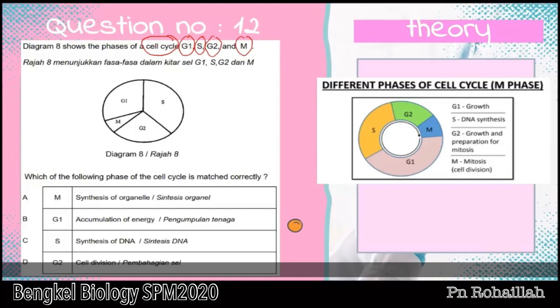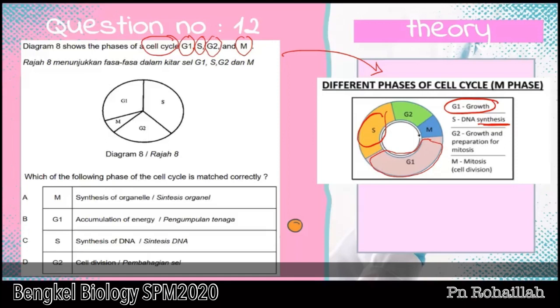So look at this theory. G1, this part. Nampak tak yang paling besar sekali ni? G1 is the growing process. And then S is for synthesis, the DNA synthesis. If you go to college later, you are going to learn about DNA replication. All that is under the S process.